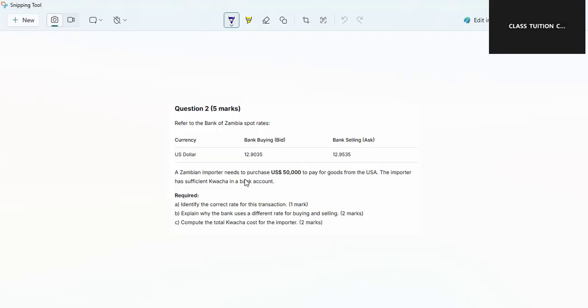A Zambian importer needs to buy 50,000 dollars to pay for goods from the USA. The importer has sufficient kwacha in the bank. Number one, identify the correct rate for this transaction. Number two, explain why the bank uses a different rate for buying and selling, and compute the total kwacha cost for the importer.